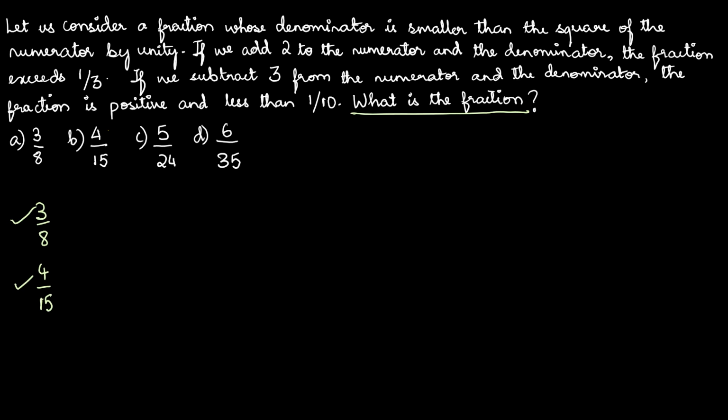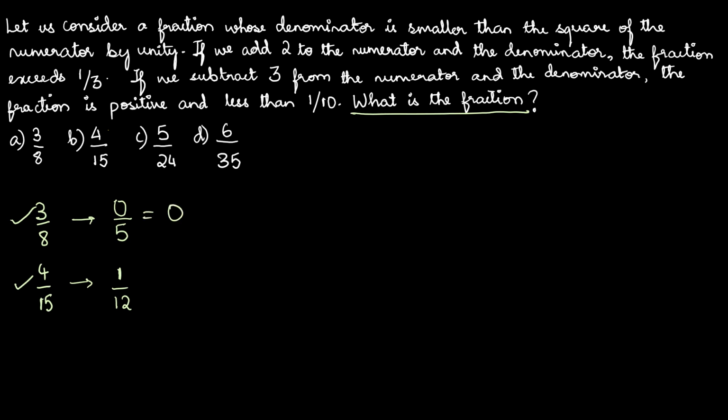We have to check the next condition for only two of the fractions. Now for the next condition, we need to subtract 3 from the numerator and the denominator. So 3 minus 3 is 0, 8 minus 3 is 5, 4 minus 3 is 1, 15 minus 3 is 12. So okay, I'll make it a little neater here. So here 0 over 5 is 0.